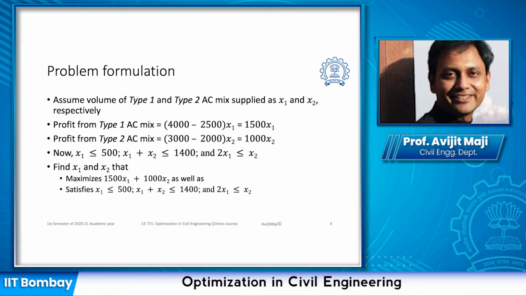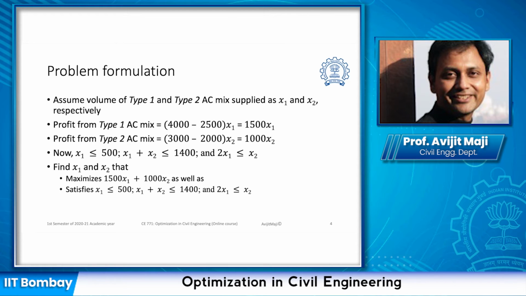Now, in the condition we also said that the maximum amount of asphalt concrete we can produce, particularly type 1, is 500 meter cube. So we have this condition: x1 should be less than or equal to 500.